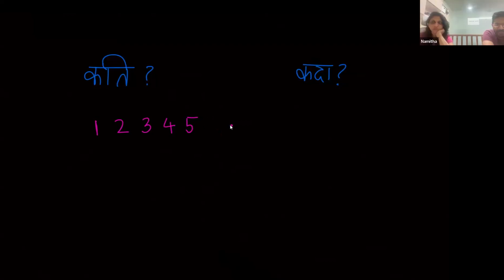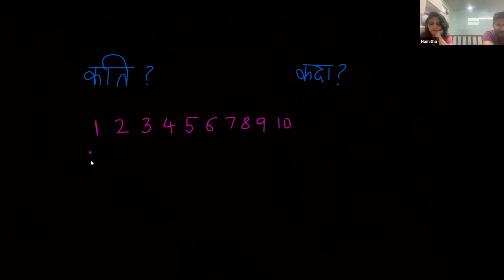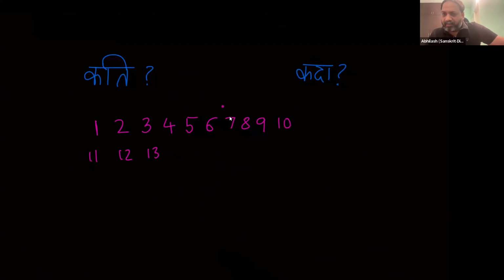Pancha. Pancha is five. Shat. Sapta. Ashta. Nava. Dasha. Ekadasha, Dvadasha, Trayodasha. Yeah? We'll do more up to 20 and all in another class.